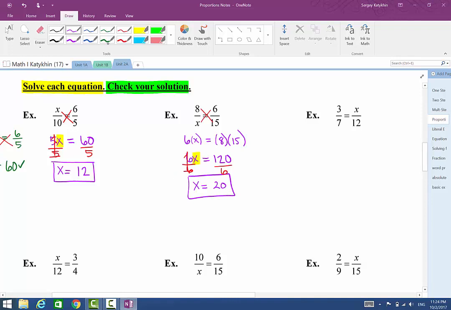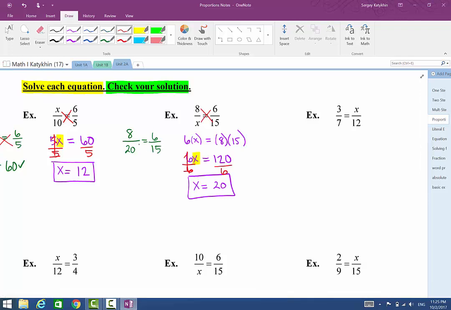As you can see, we need to check our solution. We're using substitution: 8 divided by 20 is equal to 6 divided by 15.